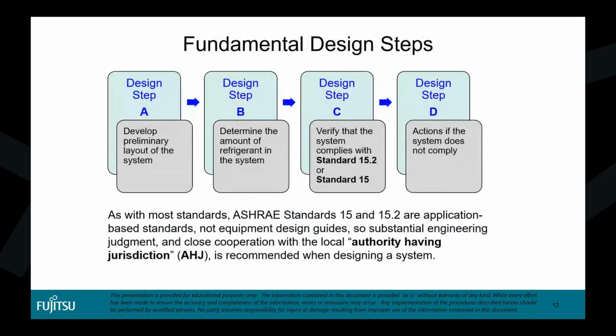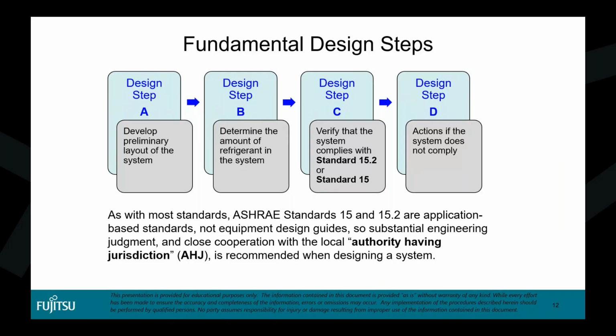There are some fundamental design steps in applying these standards. I see at least 4 on a high level. You have to develop a preliminary layout of the system. If it's a VRF, it can be a little cumbersome perhaps. If it's a mini split, it's easier. You have to determine the amount of refrigerant in the system and then verify if it complies either with 15.2 or standard 15.